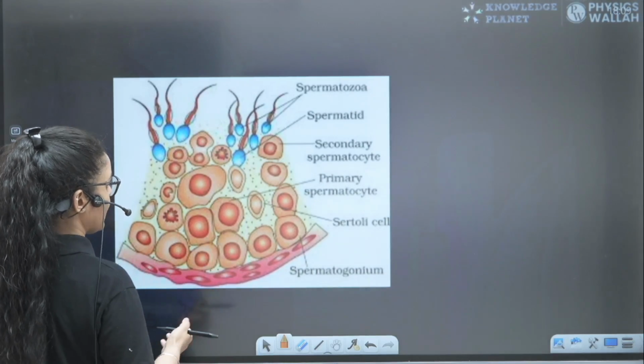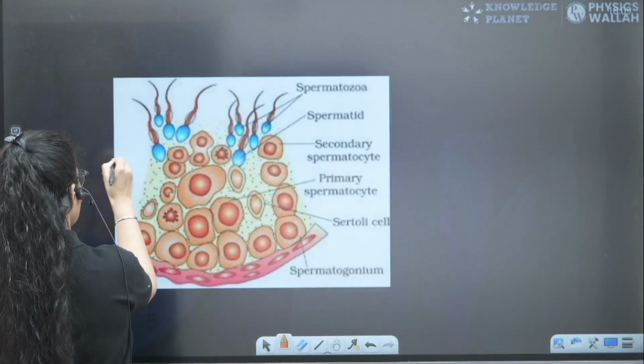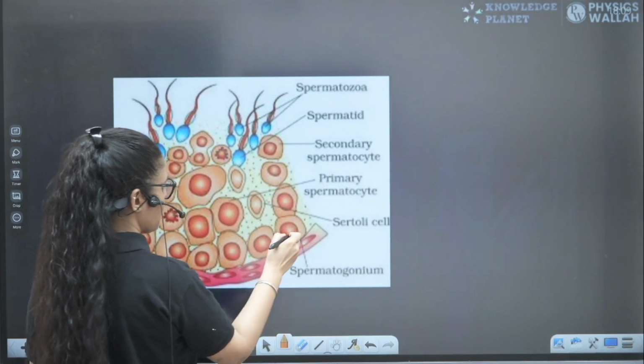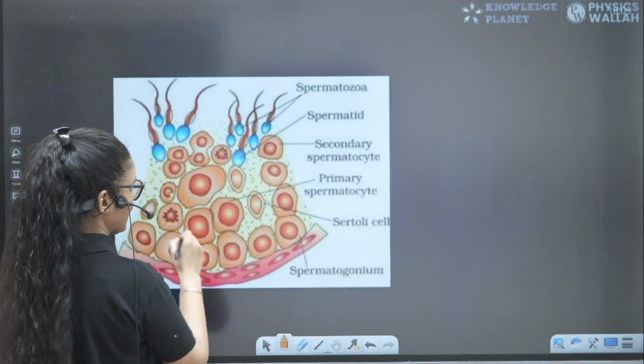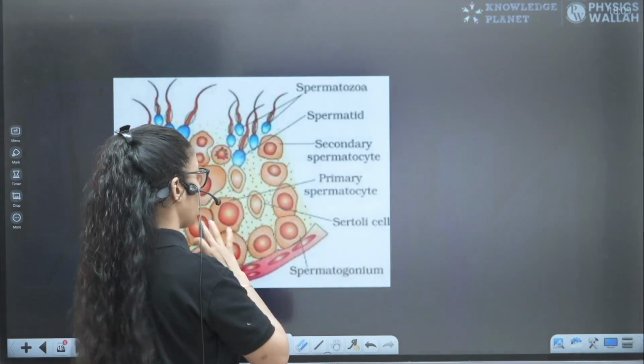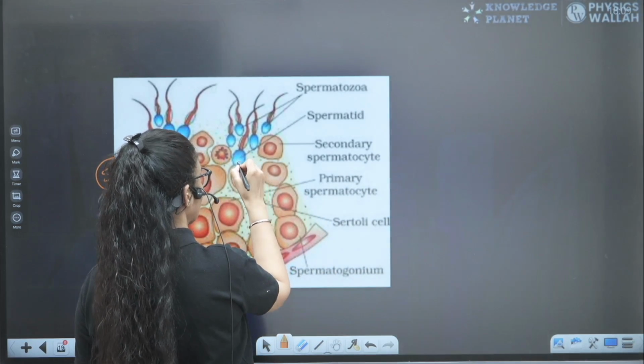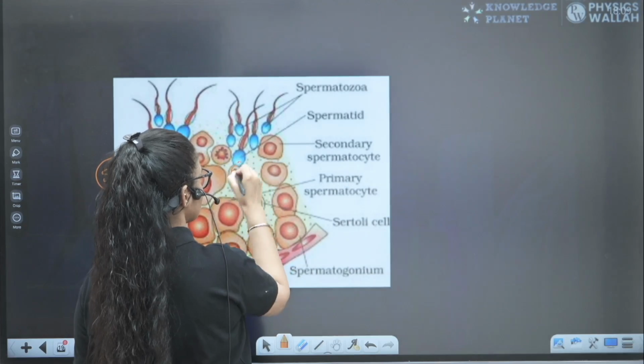This is what we have already done: the transverse section of the seminiferous tubule in the testes, with spermatogonia and Sertoli cells. Once sperm formation has been done, the spermatids or immature sperms are attached to the Sertoli cell.